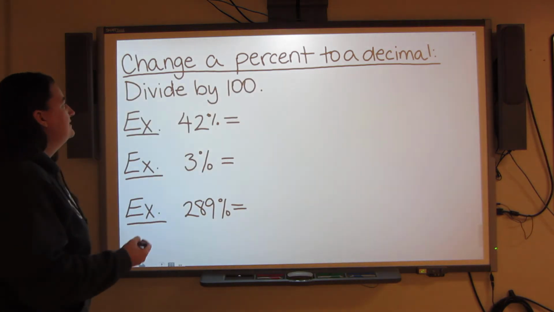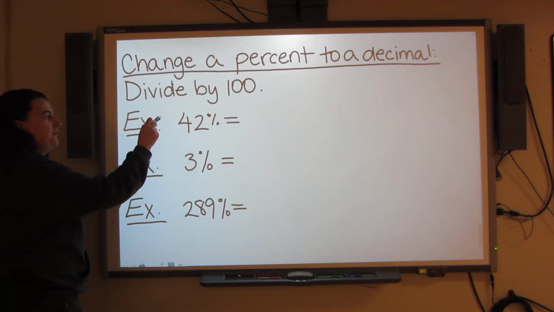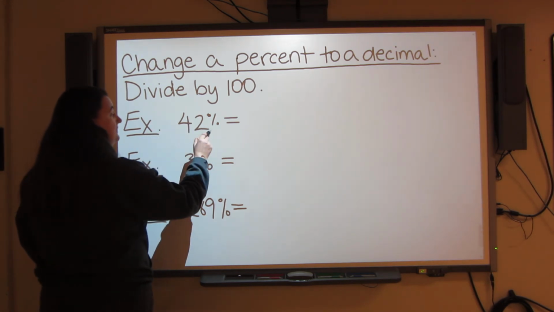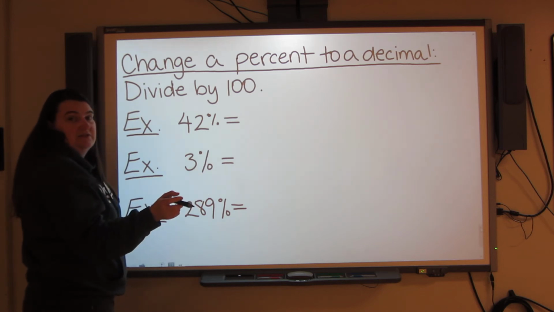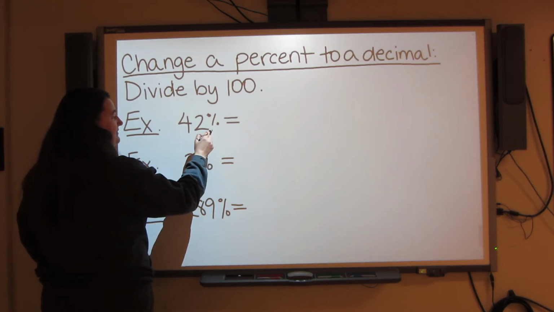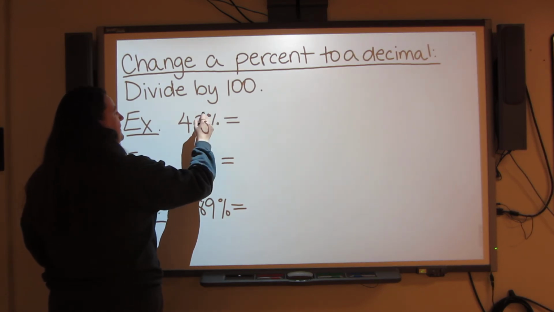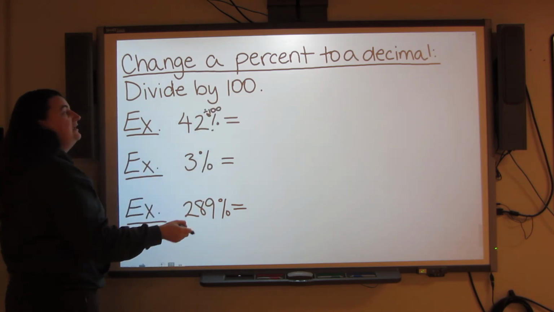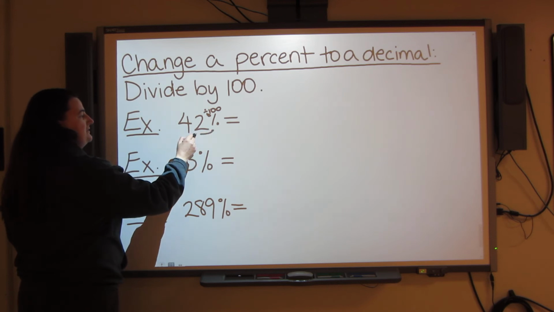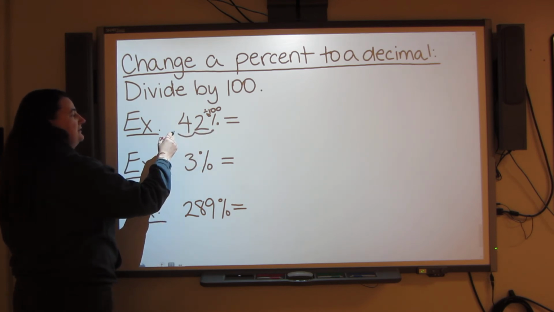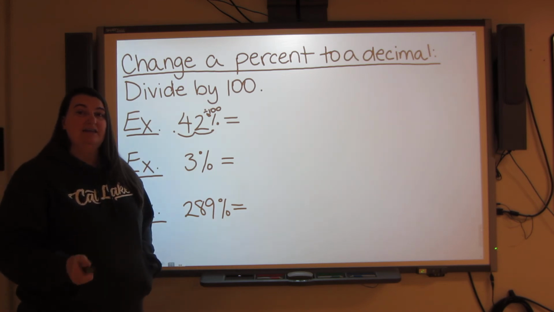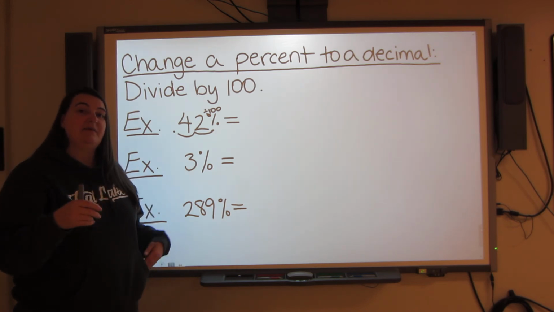So, divide by 100. First of all, here's my 42%. Where will I put that decimal? If there's no decimal to be found, it goes at the back of the number. Now, if I'm dividing by 100, I move that decimal 2 spots to the left to make it smaller. Don't forget, if you're dividing, you're going to go to the left to make the number smaller.